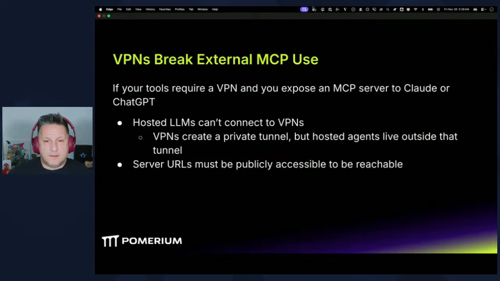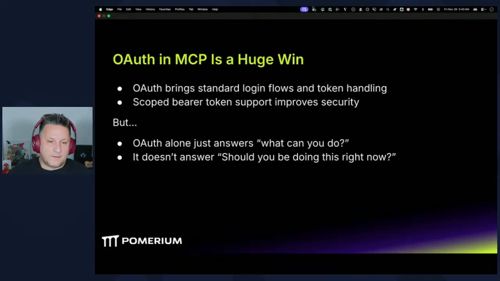It's one thing if you aren't using cloud or frontier-based models, this might not be an issue. But if you are looking to share it on one of those cloud-based or frontier models, you have to expose a publicly accessible URL. So a VPN is not going to work with that scenario. So if you're thinking, well, we've got a VPN, so that's a secure way for people to access certain things, it's not going to work in this scenario.